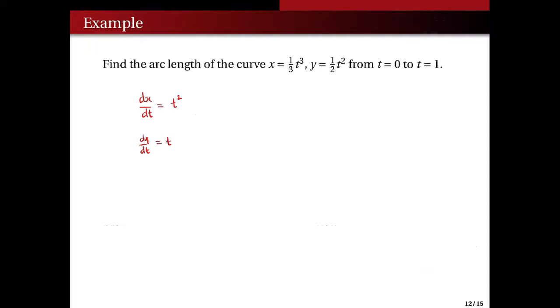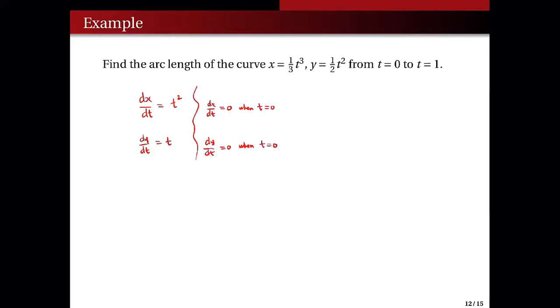This is just t. Now, look. dx over dt equals 0 when t equals 0. Also, dy over dt, this is equal to 0 when t equals 0.